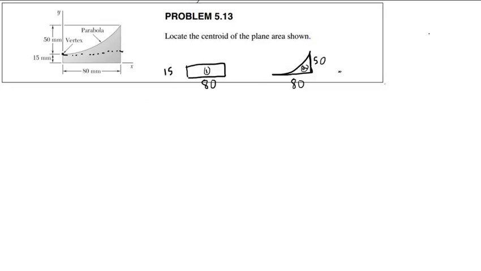If you look in the book, the formula for the rectangle is going to be easy. It's just going to be in the middle of the rectangle.